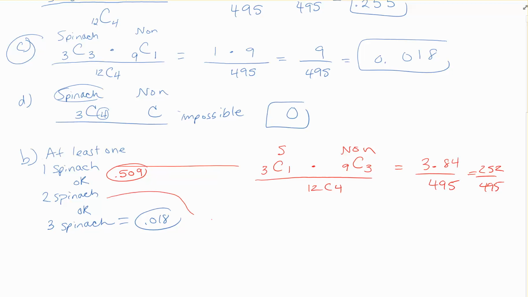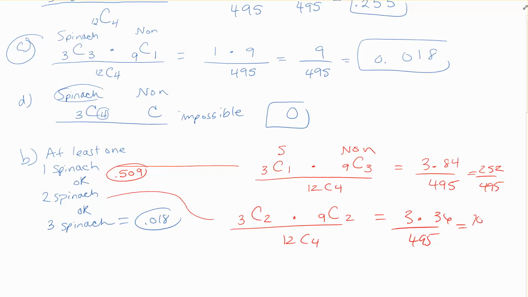Now the probability of getting 2 spinach. So now I have 3 choosing 2, and my non-spinach is 9 choosing 2. So the left adds up to 12, the right adds up to 4, and that's divided by 12C4. So solving for those combinations gives you 3 times 36 divided by 495.